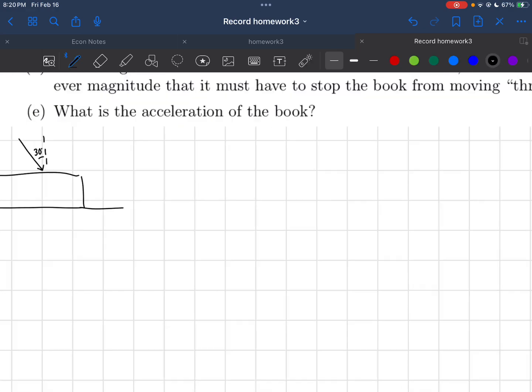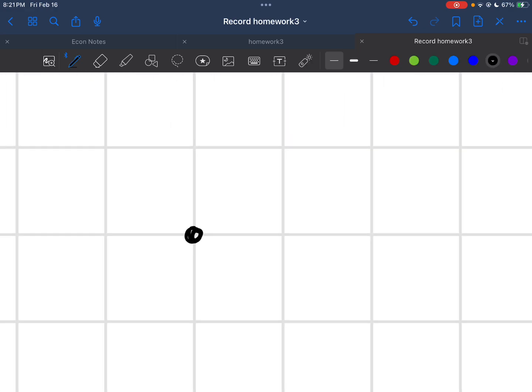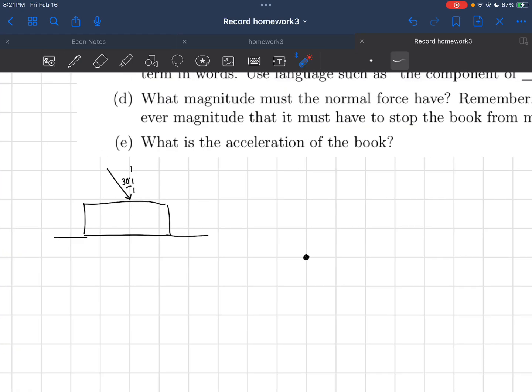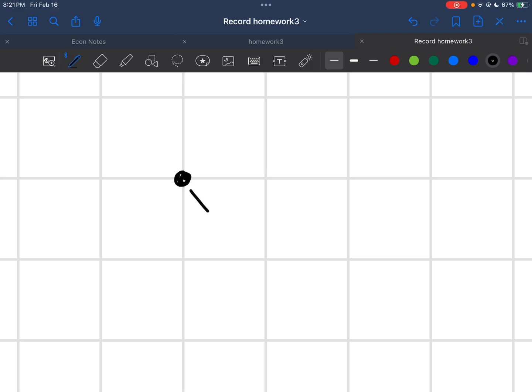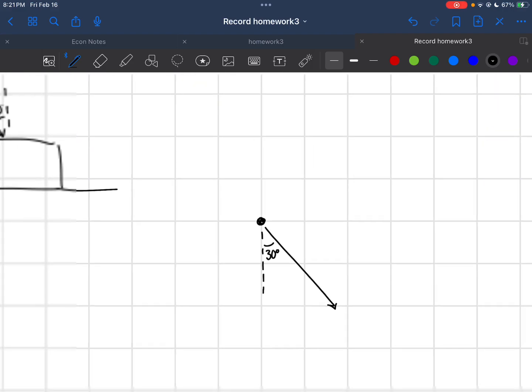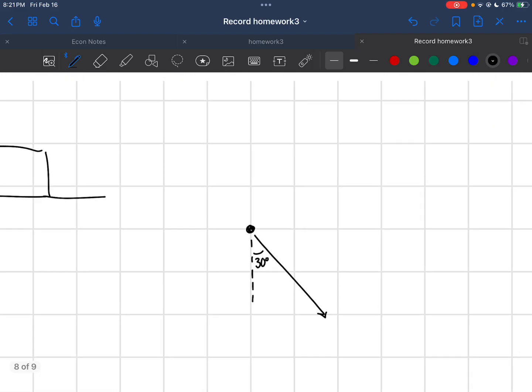So if I were to be drawing my force diagram, I think what is physically touching my object? What is physically touching the book? Well, we know that there's a force that's being applied down and to the right on the book, and that's at an angle of 30 degrees to the vertical.